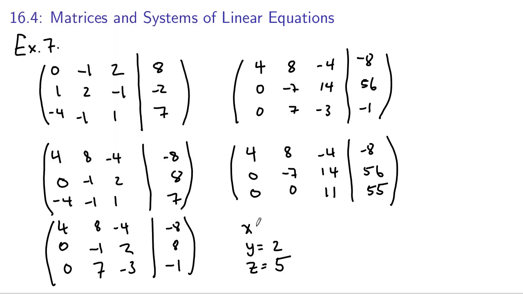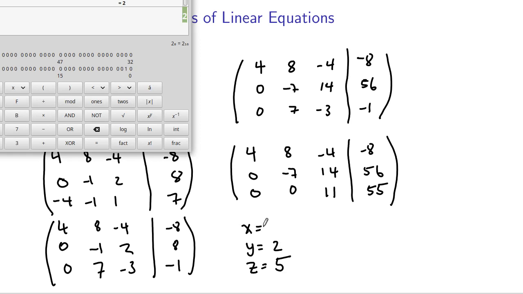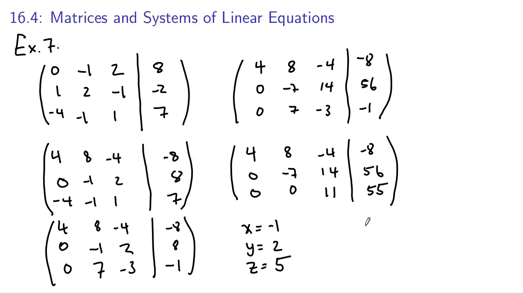And X is minus 8 times the Y value of 2, plus negative 4, plus 4 times 5, gives me minus 4 divided by 4, which is negative 1.